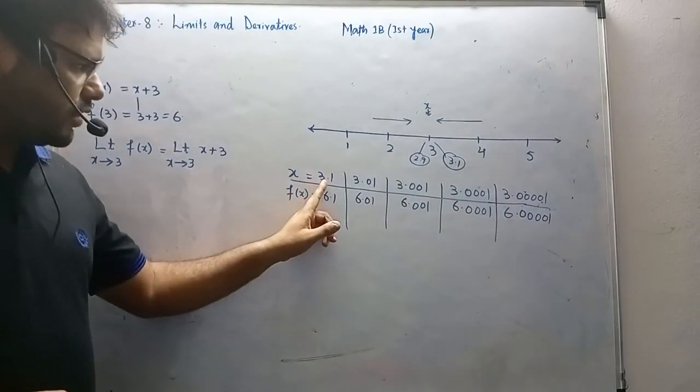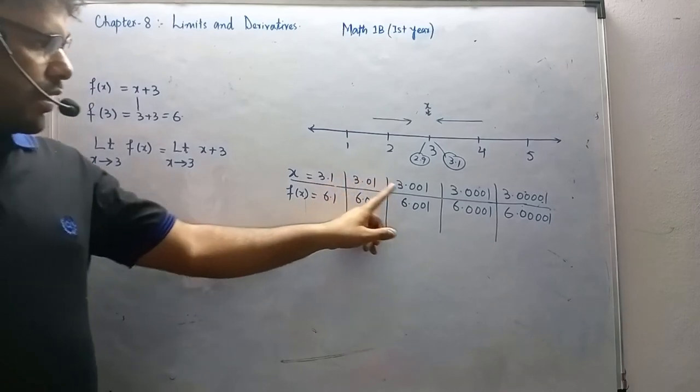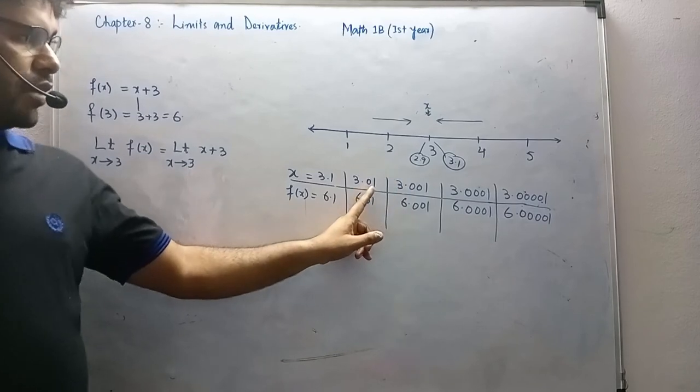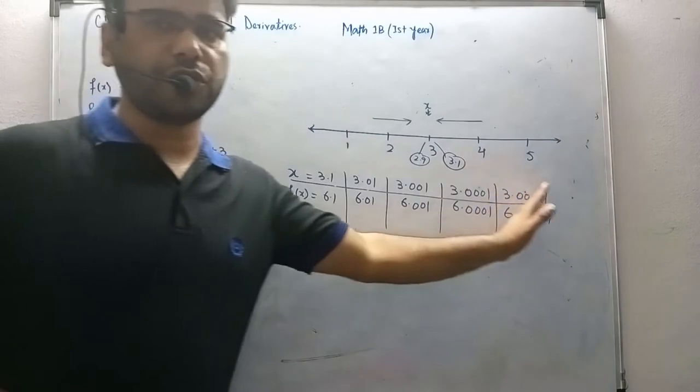Now you can analyze here. As x is 3.1, it is close to 3. This point is closer than this, and this point is closer still. So it is coming closer to 3, it is approaching 3.